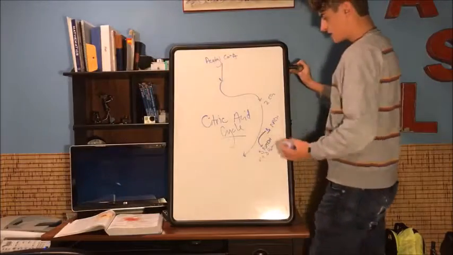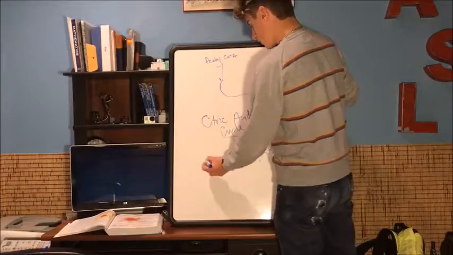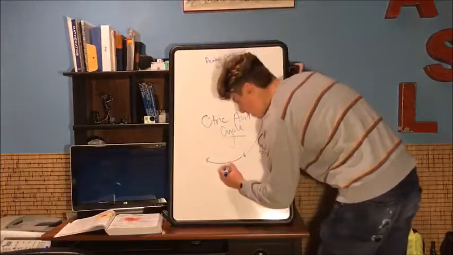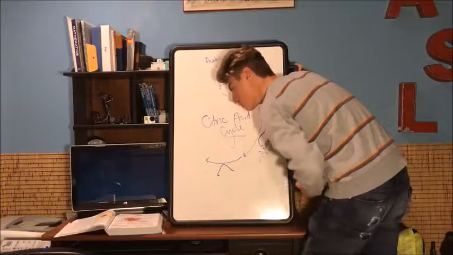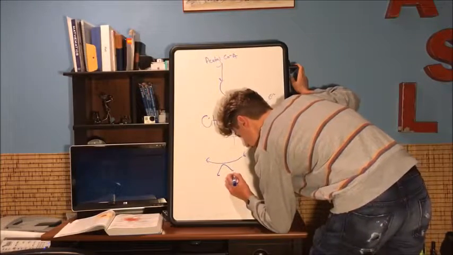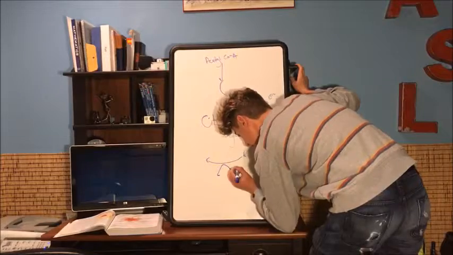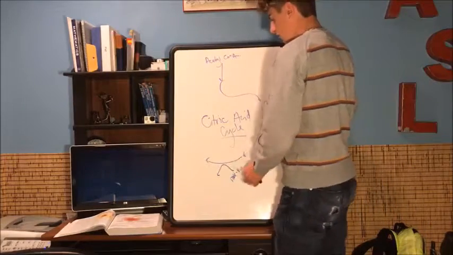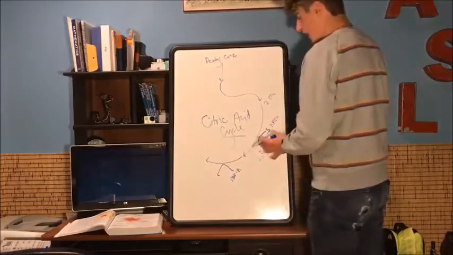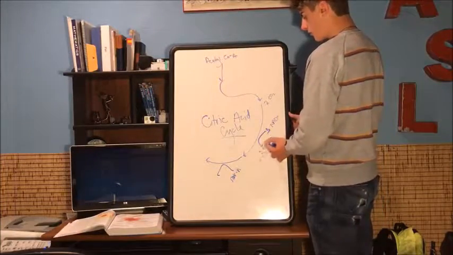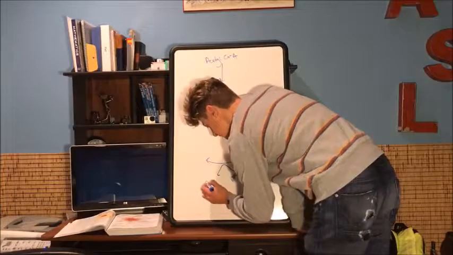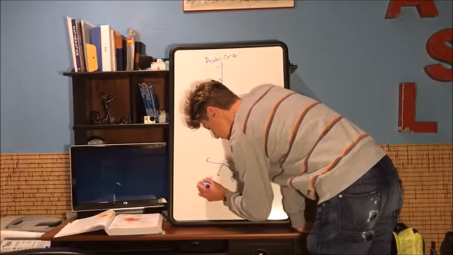As the cycle continues on, we enter again the same type of thing where we go ADP plus that initial phosphate, that third phosphate, and then we use the energy gathered from the NADH to give us an ATP molecule.